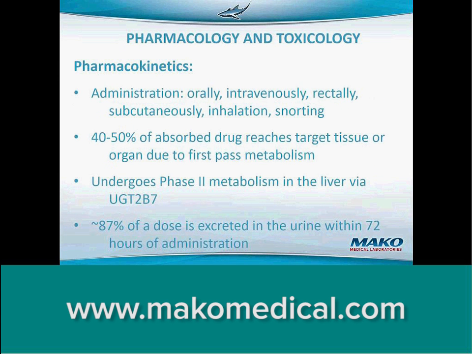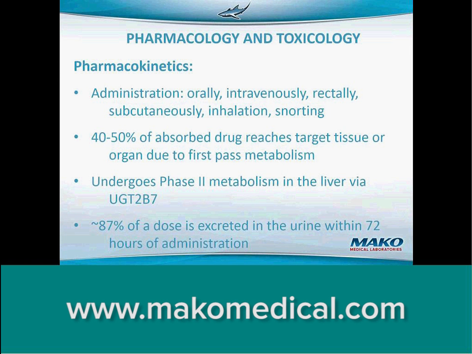So now to talk a little bit about the pharmacokinetics of morphine. Morphine can be administered orally, intravenously, rectally, subcutaneously, as well as through inhalation or snorting. Morphine has a significant amount of first-pass metabolism in the liver, and only around 40 to 50% of the amount absorbed actually reaches the target tissue or organ.